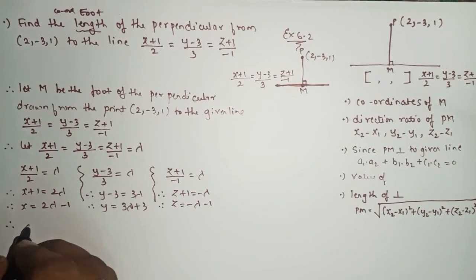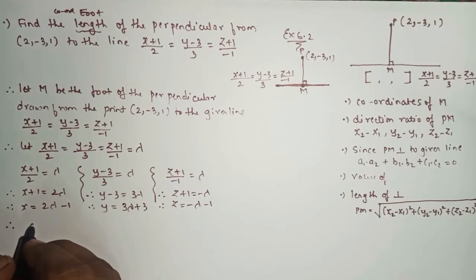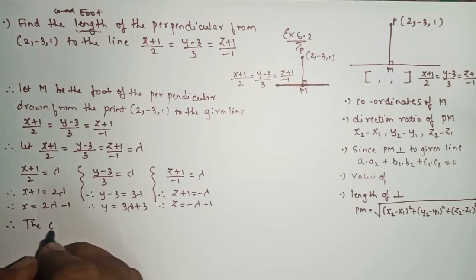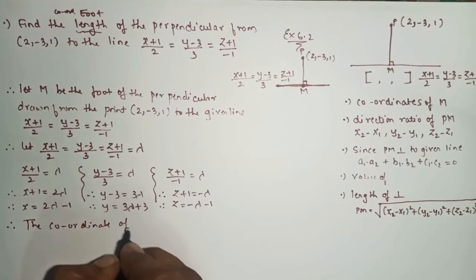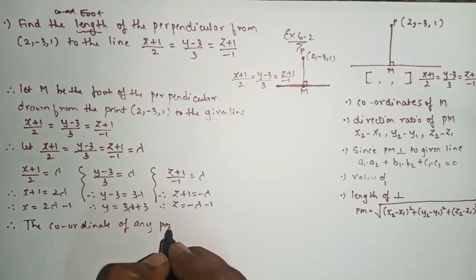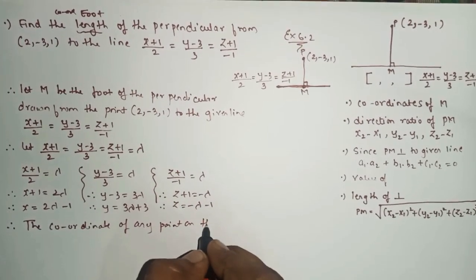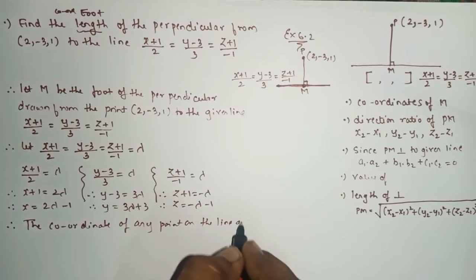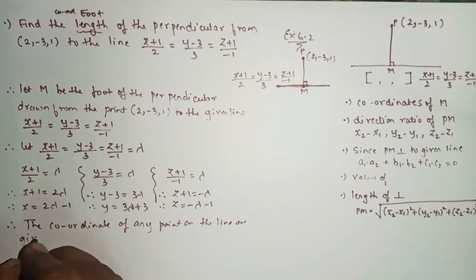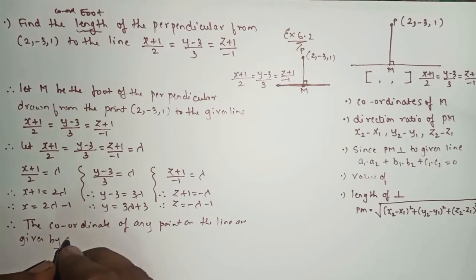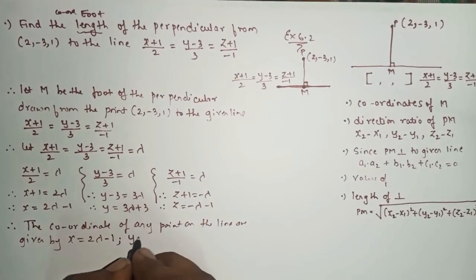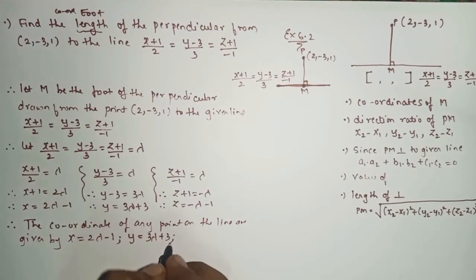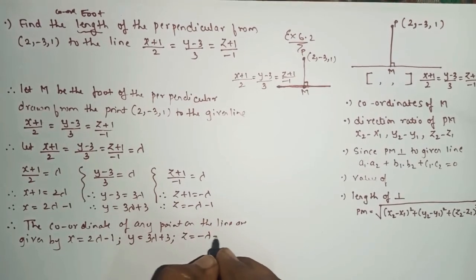So here we got the coordinate of any point on the line: x equals 2 lambda minus 1, y equals 3 lambda plus 3, and z equals minus lambda minus 1.